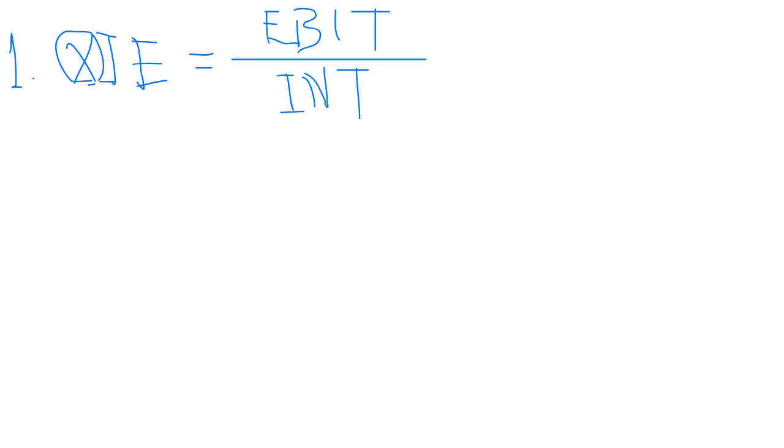And think about it. The meaning of this is, why do you have interest? You have interest payment because you have debt, right? And remember, there are two types of long-term debt. One, the bond. The second one is a bank loan, like a mortgage.